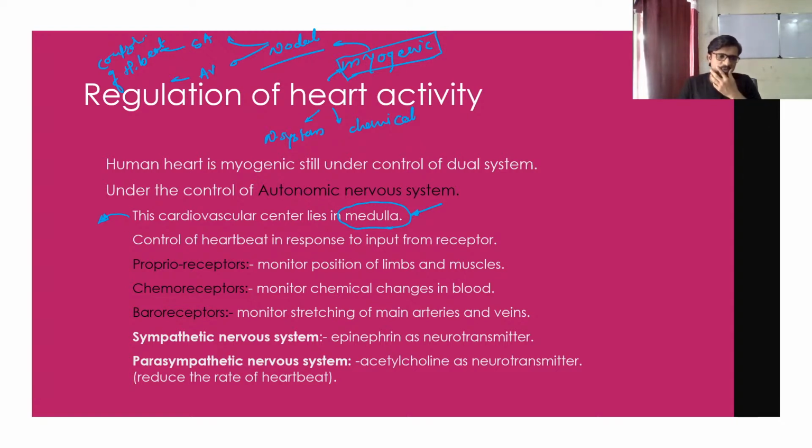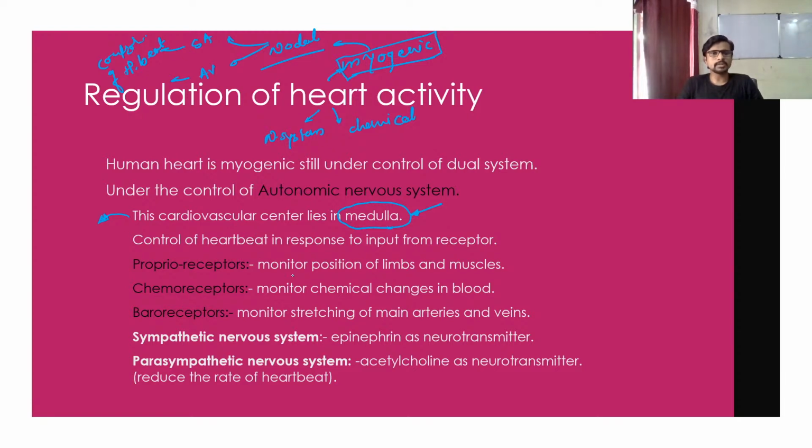In a few books it is written as 3 parts and in a few books as 5 parts, but most scientists say the brain stem is made up of 5 parts. So the medulla and the pons are also there, and the medulla acts as the center of cardiovascular activity.